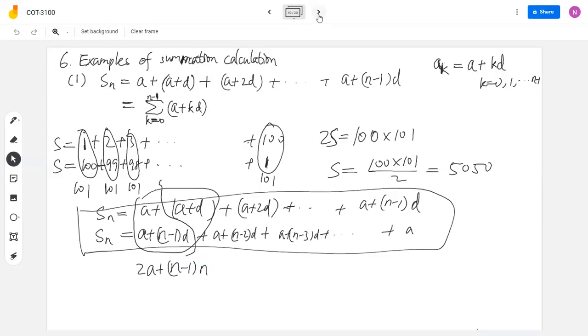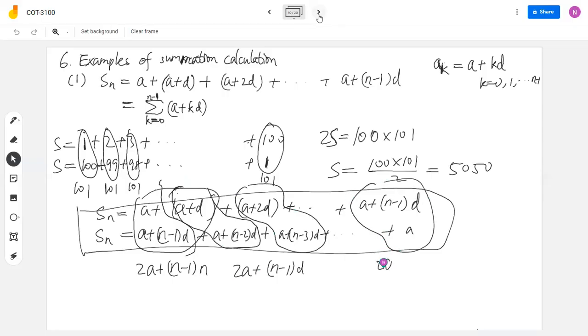If we add the second term in the first summation with the second term in the second summation, we get another 2a plus (n minus 1)d again, like here, and like here. Therefore, 2S_n equals n times (2a plus (n minus 1)d).